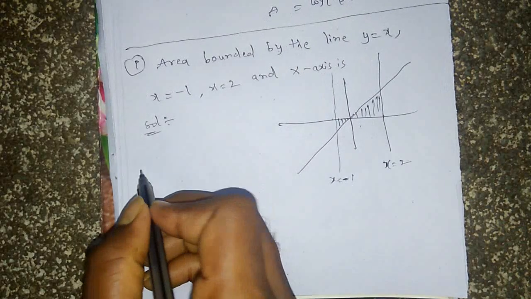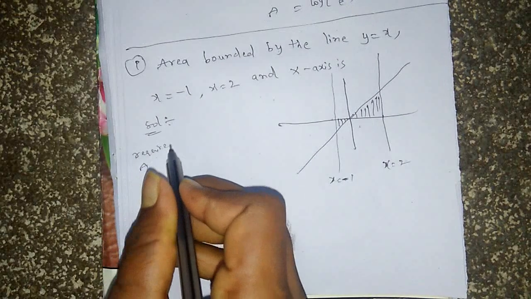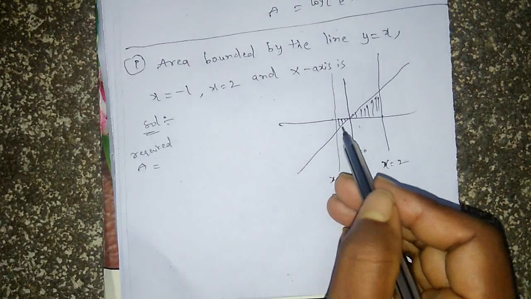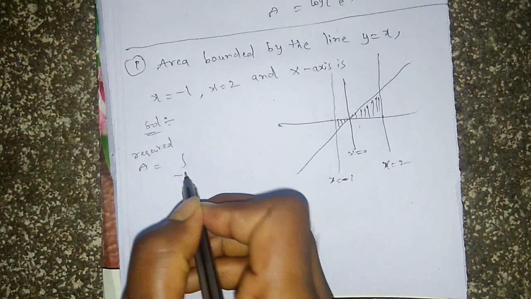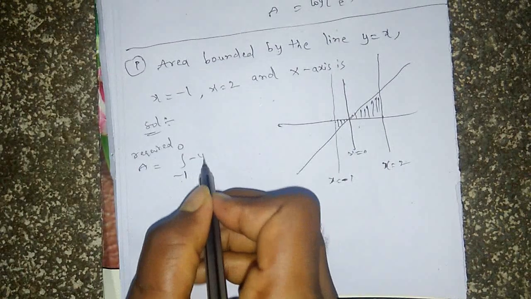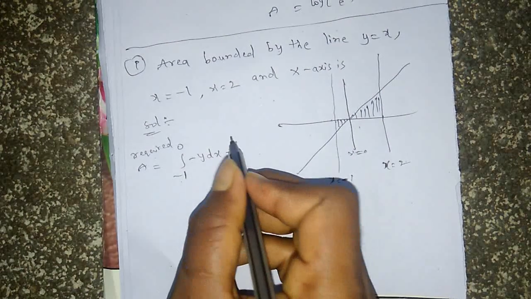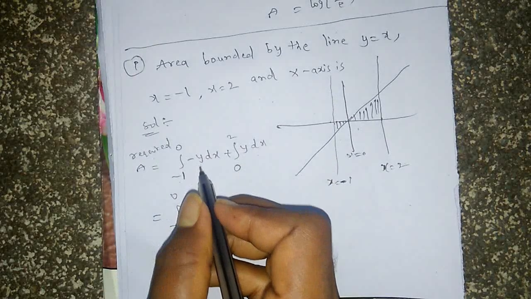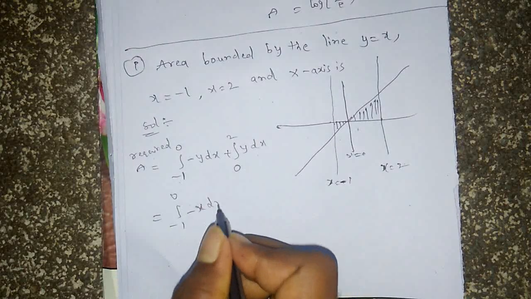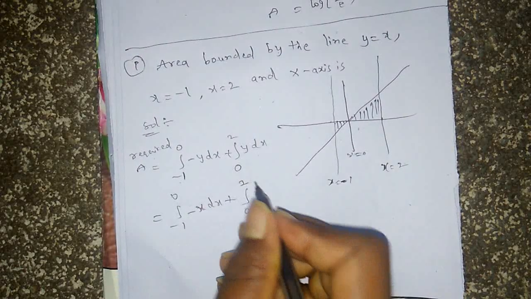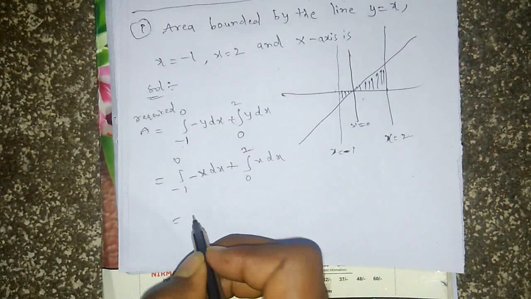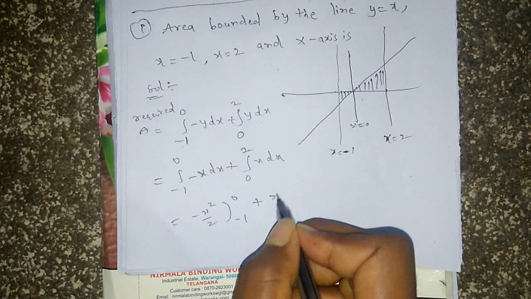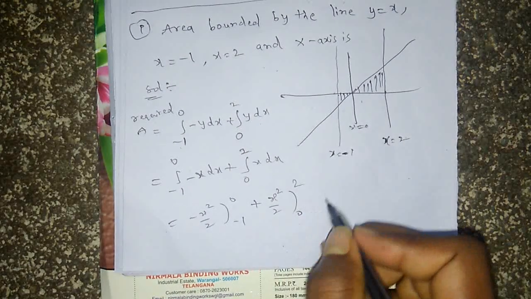So here the required area is equal to: from x is equal to minus 1 to x is equal to 0 it is below the x axis, so we take the negative, integral minus 1 to 0 of minus y dx, and 0 to 2 of plus y dx. That is minus 1 to 0 of minus x dx plus 0 to 2 of x dx, that is minus x square by 2 with limits minus 1 to 0, plus x square by 2 from 0 to 2.